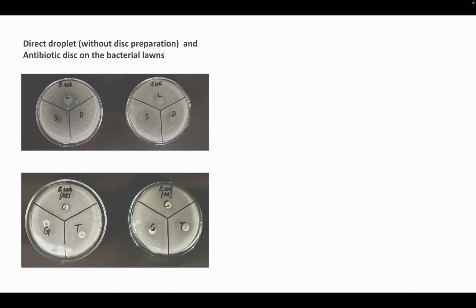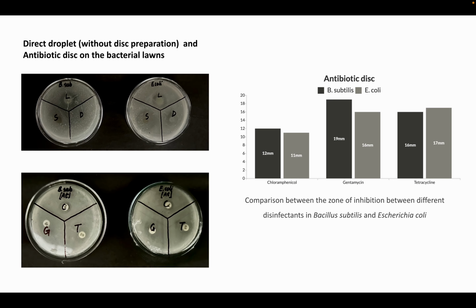Now, moving on to the next thing that we have done, to compare the effect of the disc, in the experiment we have directly used droplets without putting them in discs, and again done the same process.